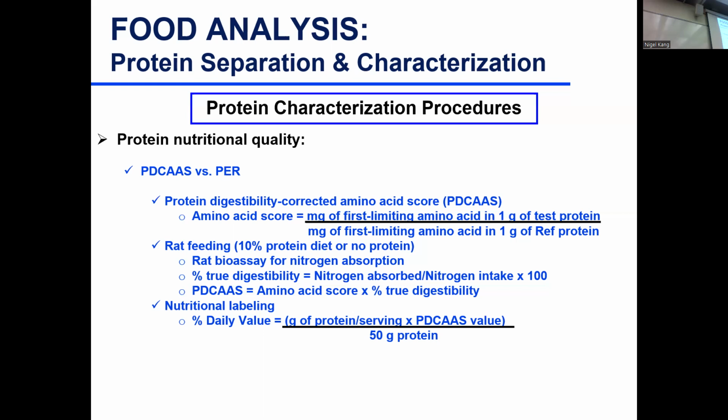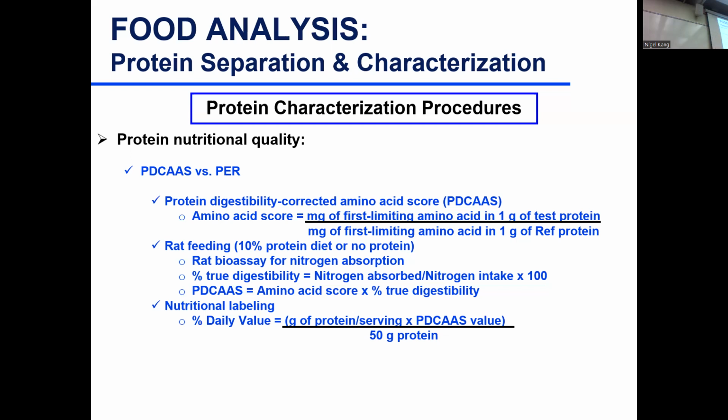Amino acid score is the milligrams of the first limiting amino acid in our sample divided by the milligrams of the first limiting amino acid in the reference protein, which is usually casein. So to calculate PDCAAS, we need to do amino acid analysis first. Then we can do PDCAAS.